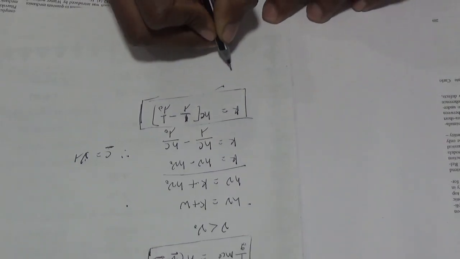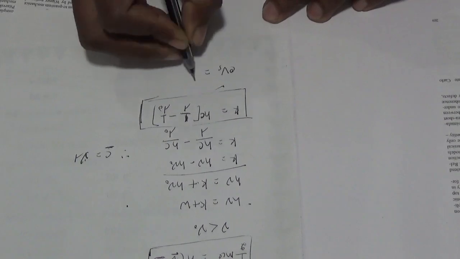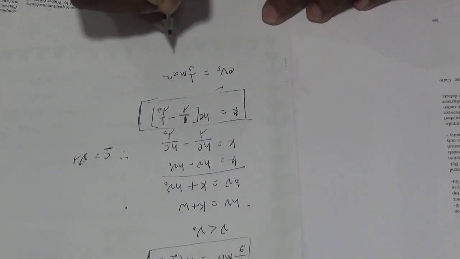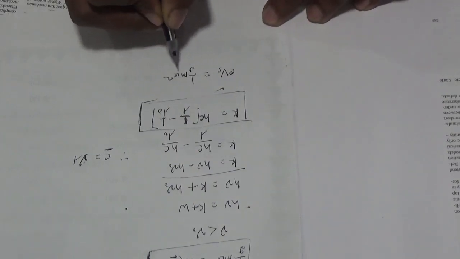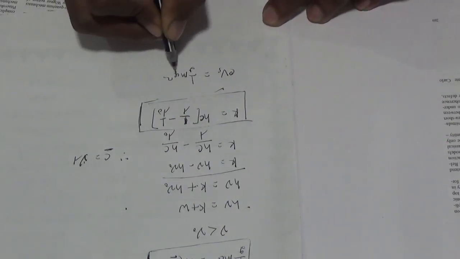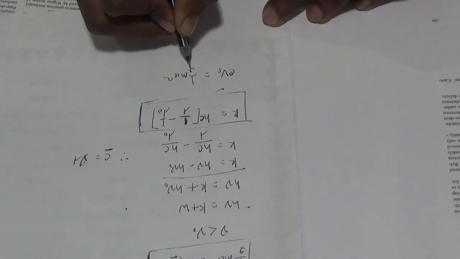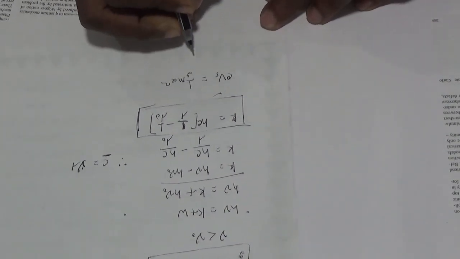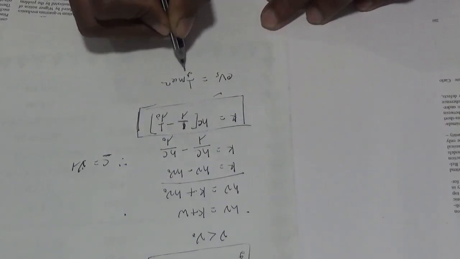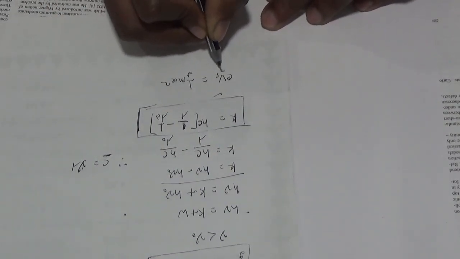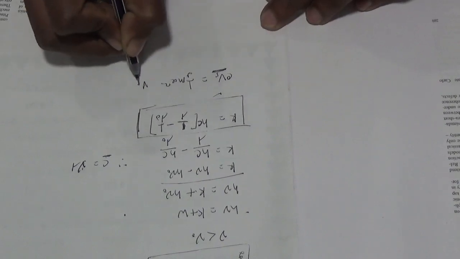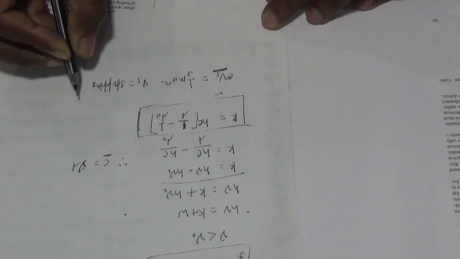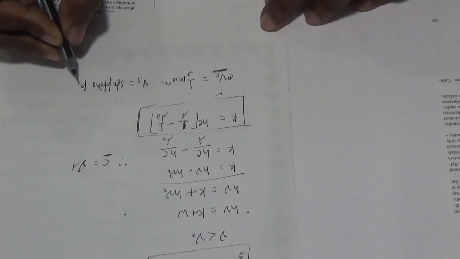Stopping potential means e Vs is equal to half m v square. Half m v square is the kinetic energy of the electron. Here Vs represents the stopping potential, or retarding potential, or negative potential.